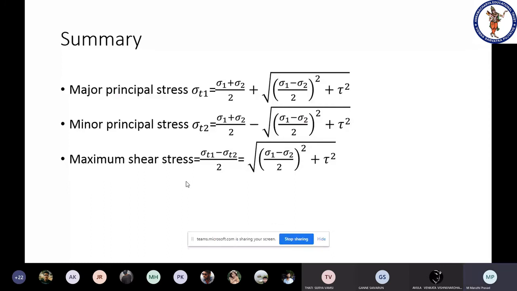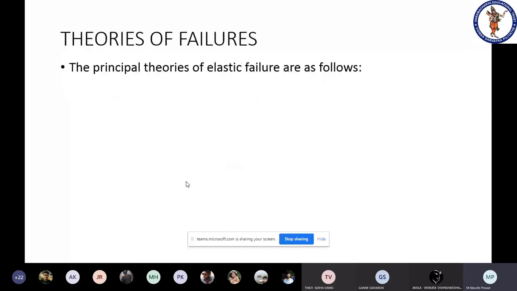So we have spent around 1.5 hours discussing principal stresses, which is the most important thing for our theories of failure. Now we are going for the most important topic in unit number 1, that is theories of failure.